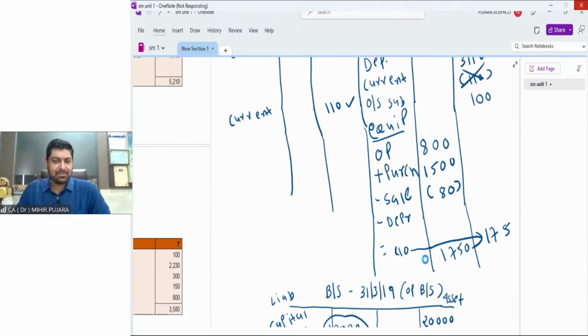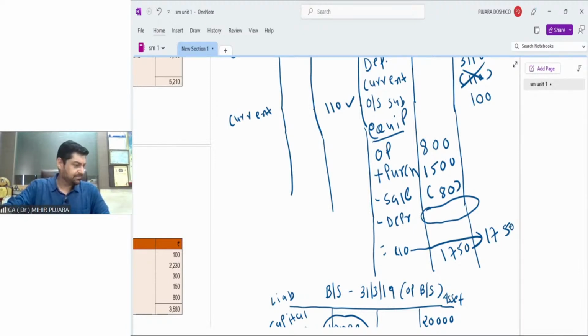Then tell me what is the depreciation? Balancing figure is the depreciation. So what will be the balancing figure?